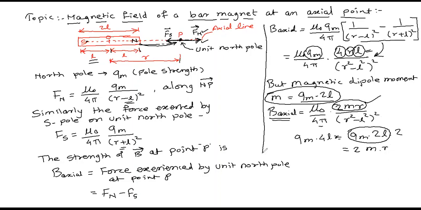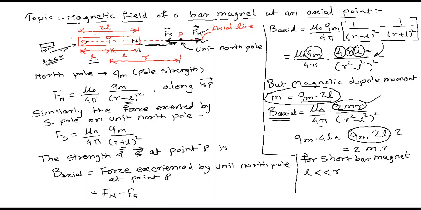Now by taking the conditions for a short bar magnet, l is very much less than r. See here, if you take this bar magnet, it is a very small one, and if you take this point P far away, then you can say this length l is very much less than r.